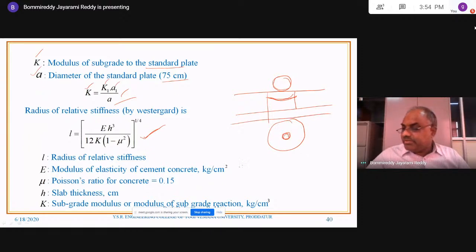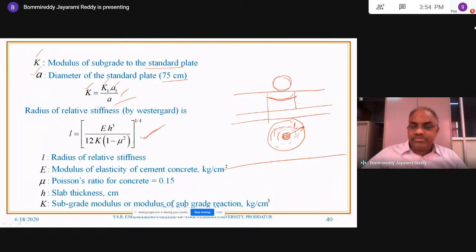You know that this is the big size of the rigid pavement. In that, this is the load, and this load will be distributed to the surrounding area, and it gets deformed. The displacement will be there in the rigid pavement. So if the displacement is up to this particular level, then it is called the radius of relative stiffness.